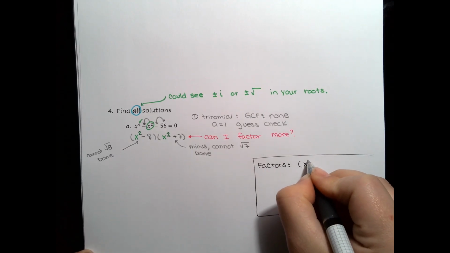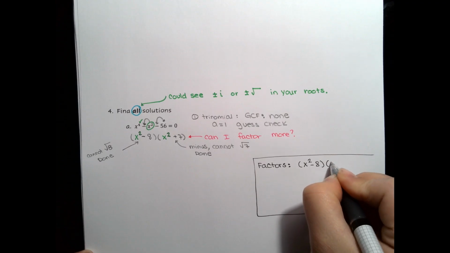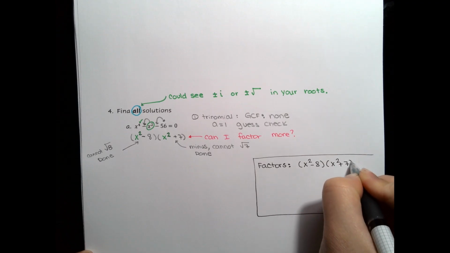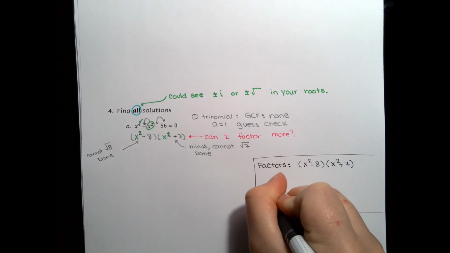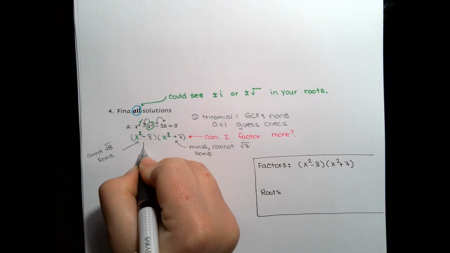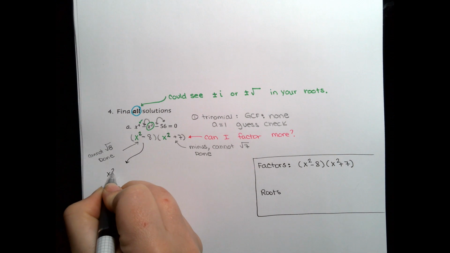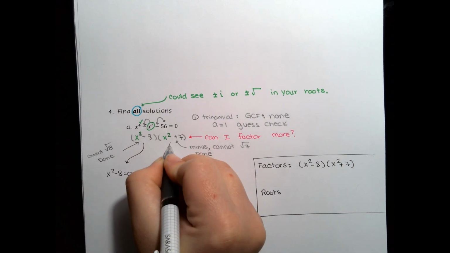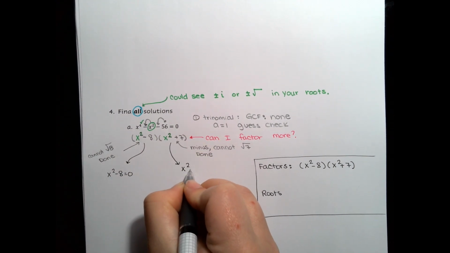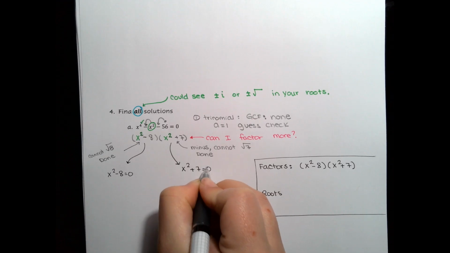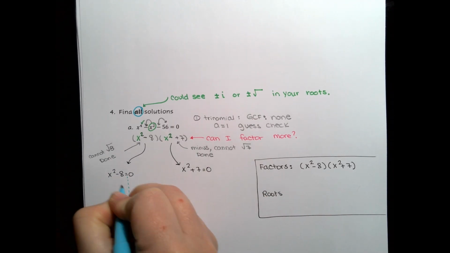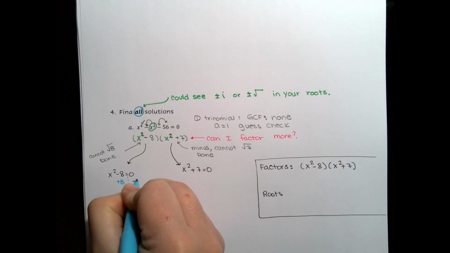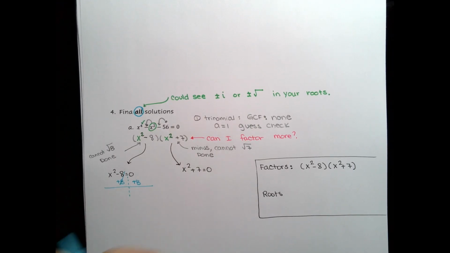Our factors are x squared minus 8 and x squared plus 7. I cannot factor more. But what are my roots? What are my x equals numbers? In order to solve, you're going to set each bubble equal to 0. Now that you have it equal to 0, we're going to add 8 to both sides. This is going back to your Integrated Math 2 lessons.